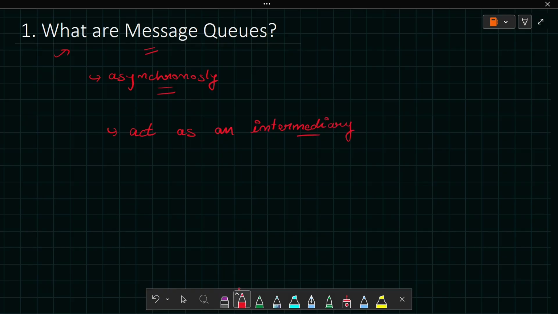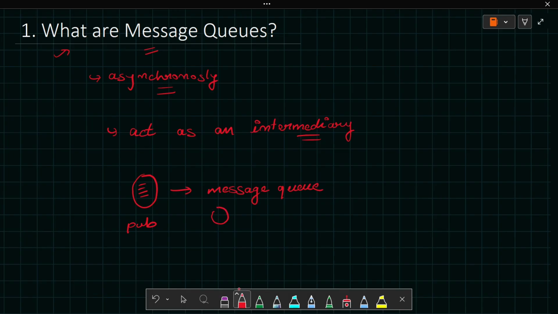So it acts as an intermediary between the publisher, which is the producer, and the consumer. The publisher is sending the message and the consumer is receiving the message, which we call pub sub. Suppose this is a publisher, it is going to send a message. Here the message queue, in the form of a queue, is going to store the message.